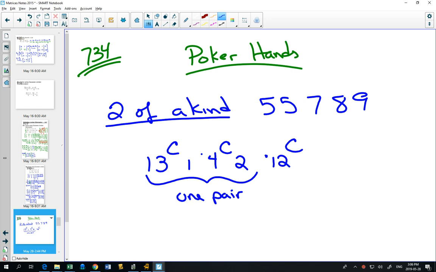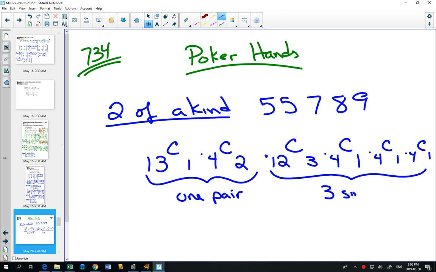So of the 12 numbers that are left, we need to choose 3 of them, 3 kinds, in this case the 7, 8, and 9. How many 7s are there in a deck? There's 4. We need to choose which 7 we're picking. There's 4 8s, choose which one. There's 4 9s, choose which one. All of this together will be 3 single cards.